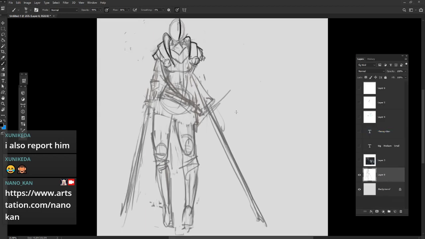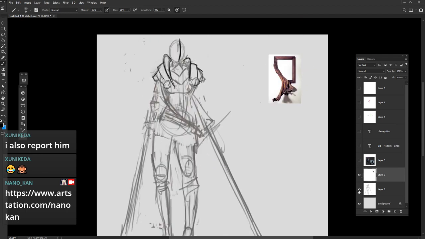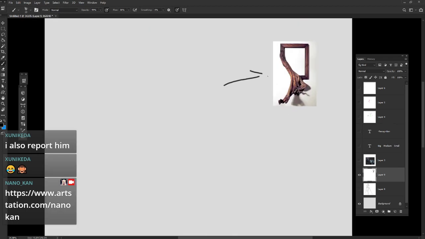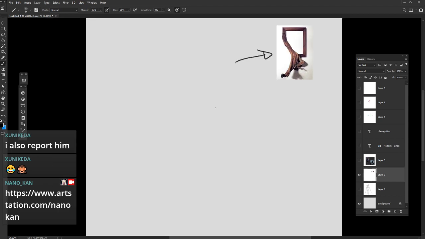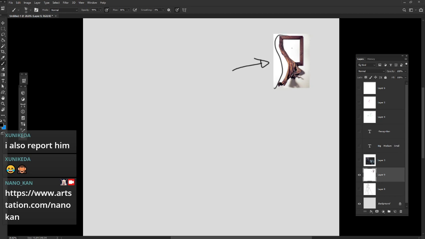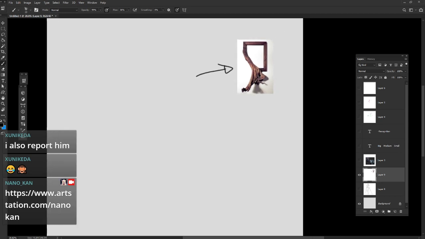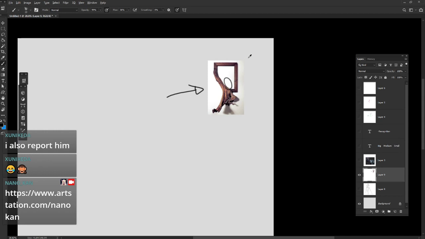For example, this tree. How can this help me transition to a character, you know? By basically following all of this stuff. And what is it? Is this the head? Is the head here, you know? And you see what he does.